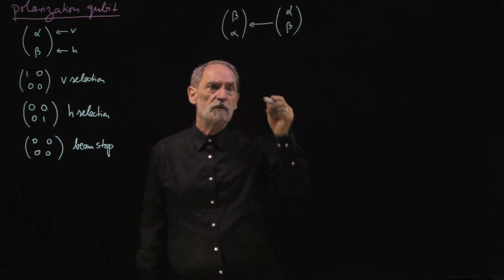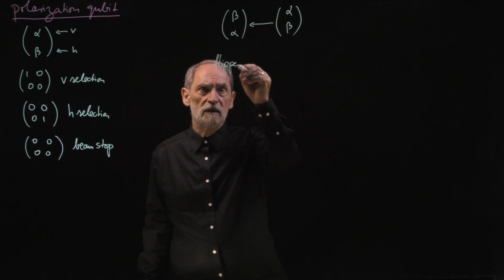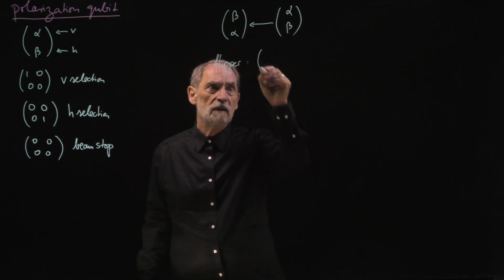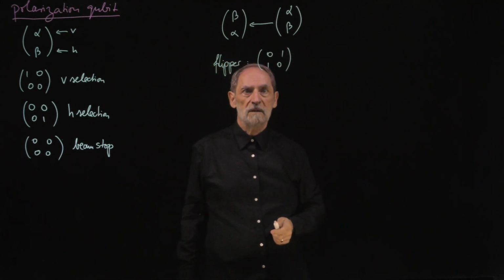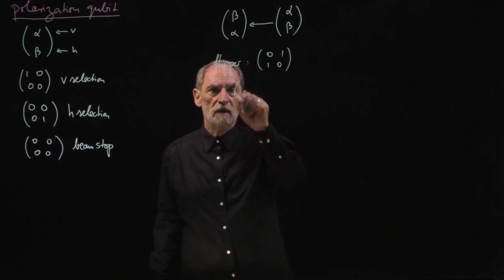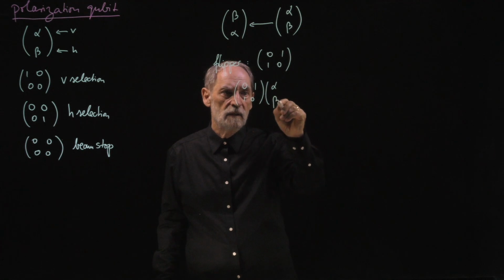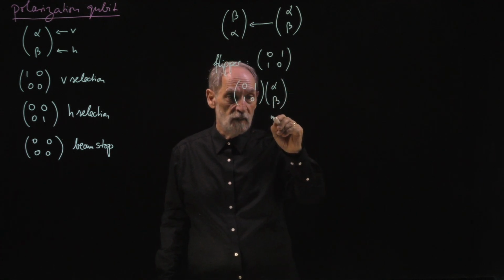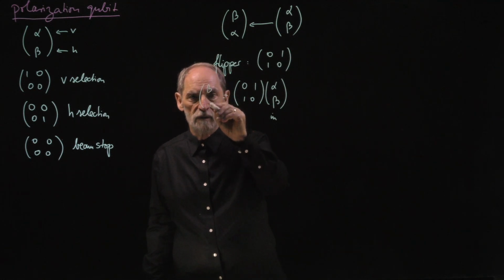Well, that would be done by the matrix that describes this flipping, the flipper, and the simplest version of that has 0, 1, 1, 0, and as we can see, if we apply this matrix to the alpha beta column for the incoming photon, then we get the outcoming photon, which is beta alpha.